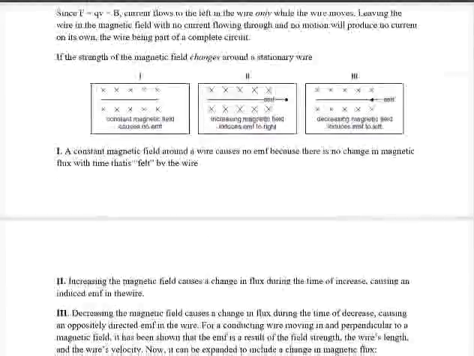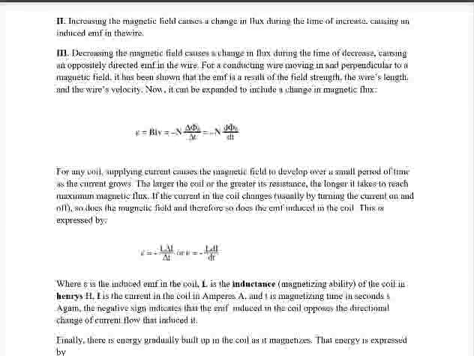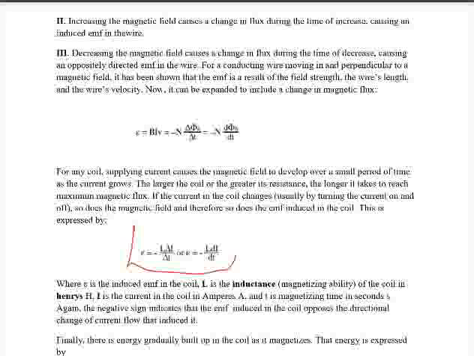Okay. The other thing is self-inductance and mutual inductance. First, when we say self-inductance, it is the induction because of its own induction. To calculate the induced EMF, this equation is used to determine the self-inductance.